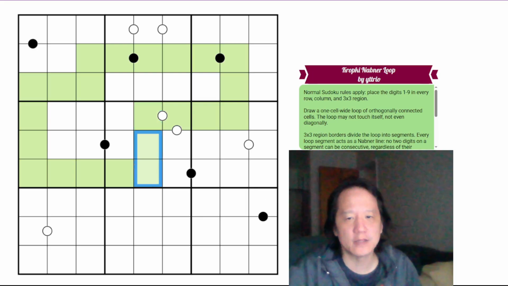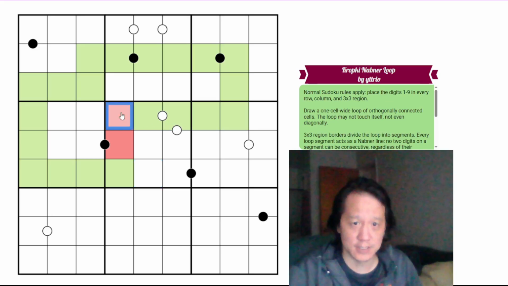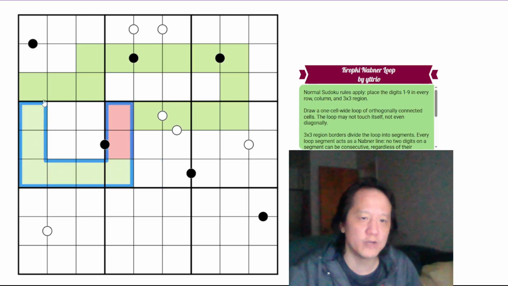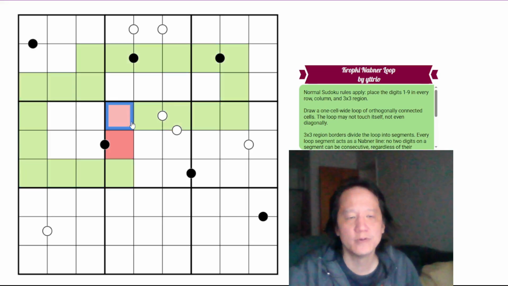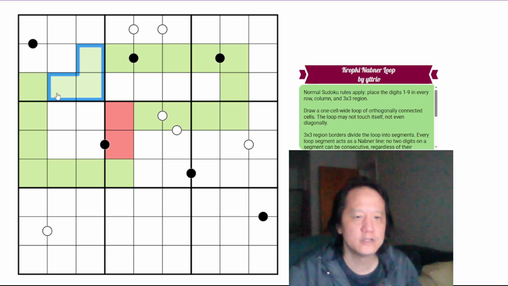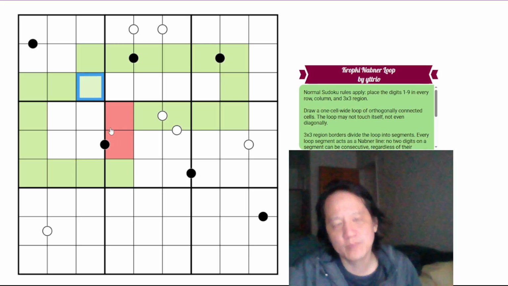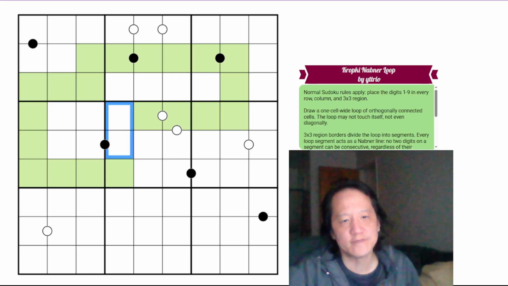What you cannot have, though, is something like this, because while every cell on the loop shares an edge with exactly 2 cells on the loop, these 2 cells share a corner, and they are not neighbors and they don't share a neighbor, right? These 2 are the neighbors here, these 2 are the neighbors for this cell. So that's why this is not valid.